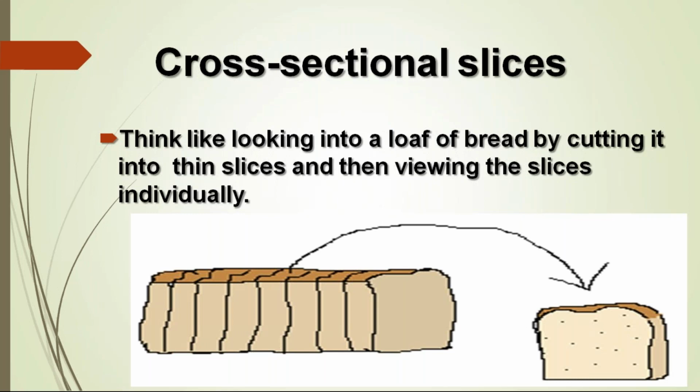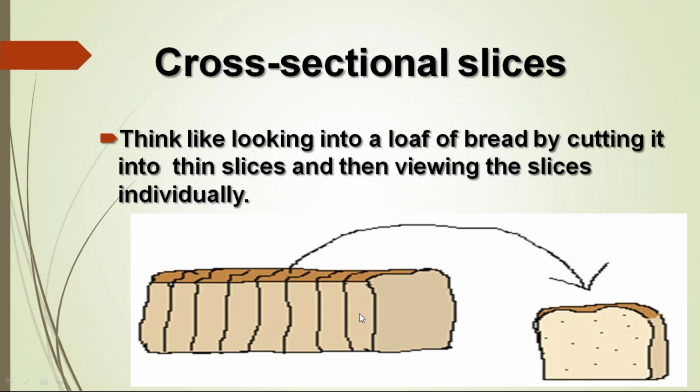Think of it like looking into a loaf of bread by cutting it into thin slices and then viewing the slices individually. You can see here a loaf of bread. After cutting it into small slices, we can view a small slice like this.